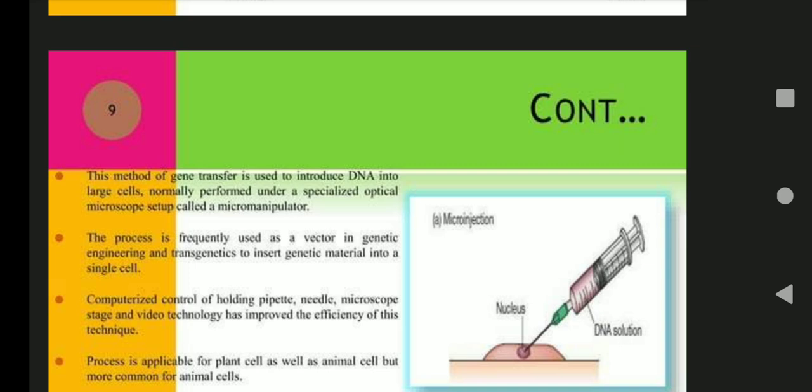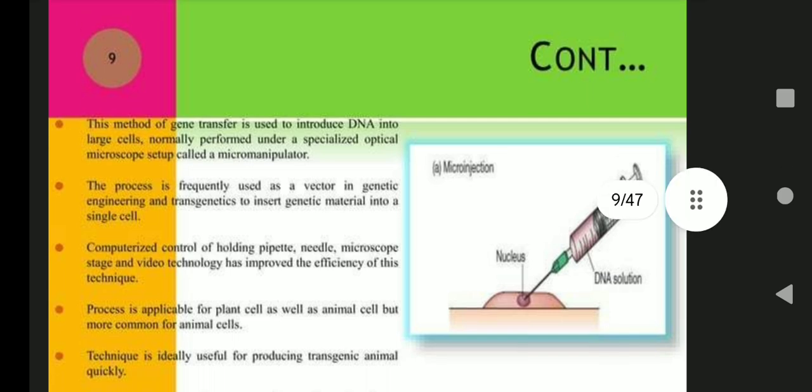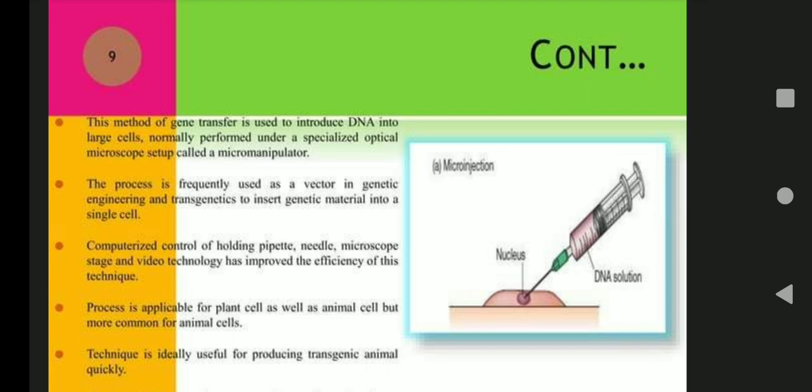This process is frequently used as a vector in genetic engineering as well as transgenetics to insert the genetic material into a single cell. IVF methods, that is in vitro fertilization, in animal tissues are done by this microinjection method. The process is applicable for plant cells as well as animal cells, but it is most common in animal cells.